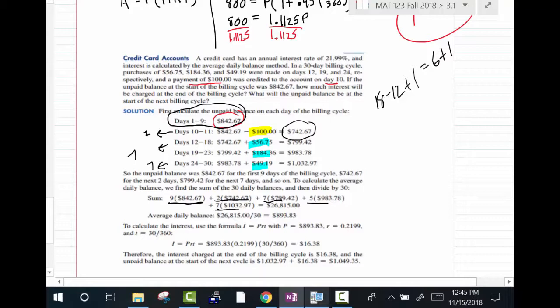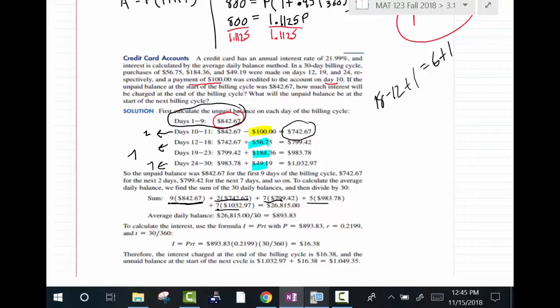And finally, for the last 7 days, the balance went up because you bought something. If you do that on your calculator, you end up getting this. Then you divide it by 30, and that gives what's called your average daily balance. So you started off with $842.67, and because you paid $100 and bought 3 things, that's your average daily balance. Does that make sense?